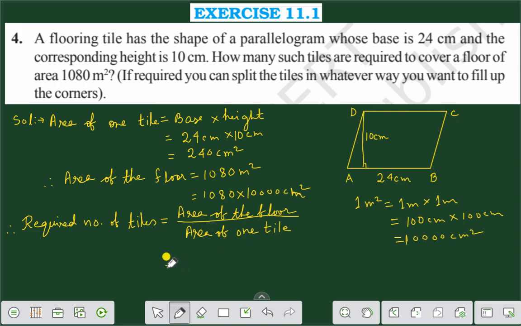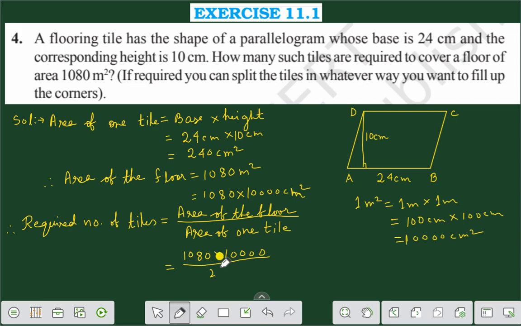Therefore, we are getting area of the floor is 1080 into 10000 divided by 240 centimeter square.